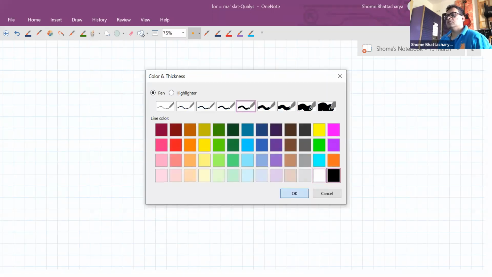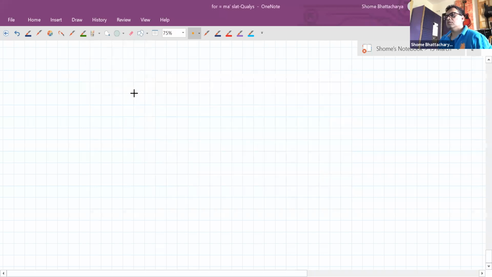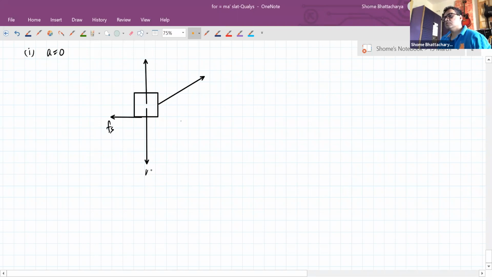So in part 1, you see what all forces are acting. You have the external force, you have normal reaction, you have mg, and you have static friction, because we know the object is at rest.